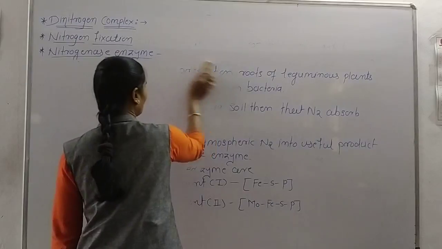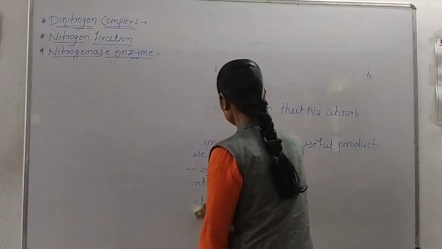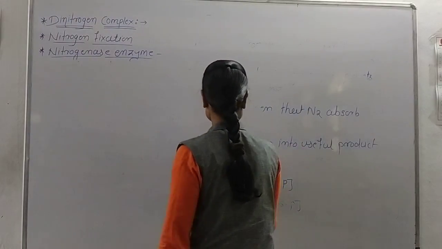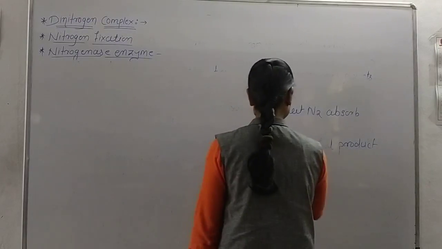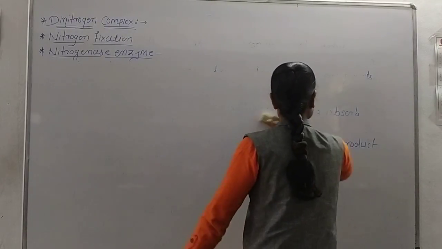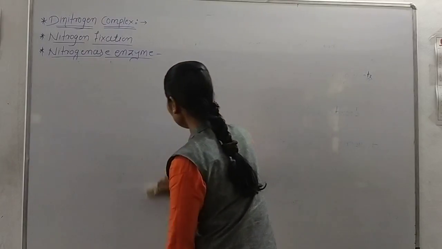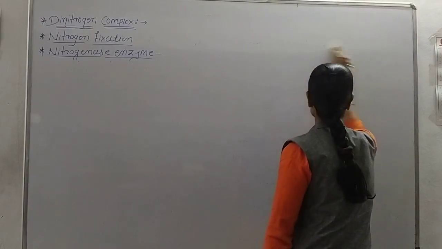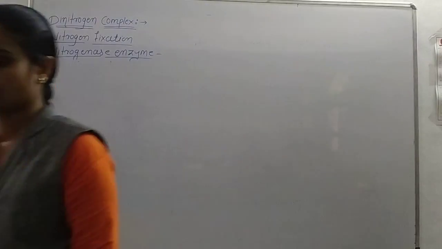These component 1 and component 2 undergo a natural cycle, and in this cycle these two components convert that nitrogen into the useful product. Now see that cycle.